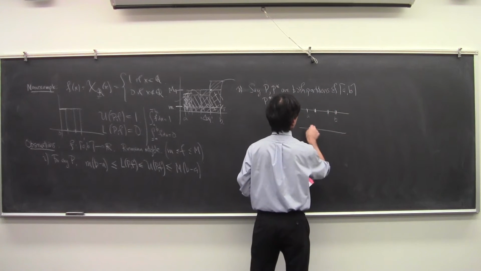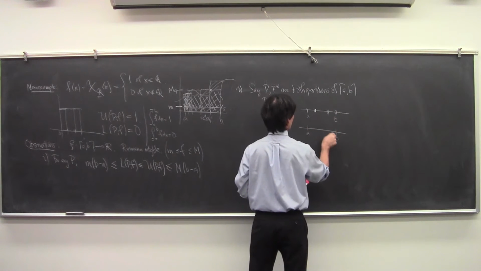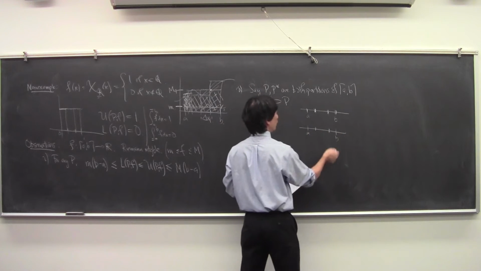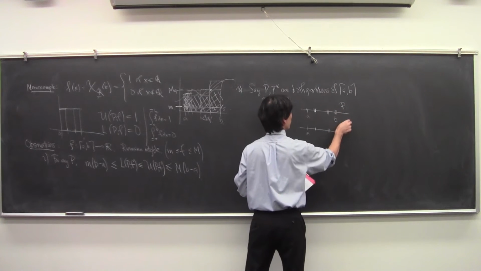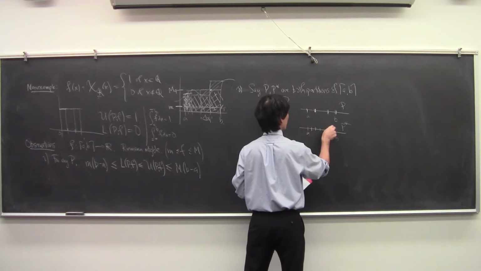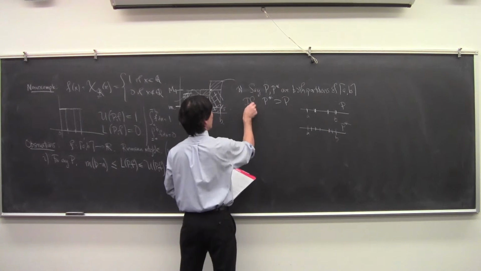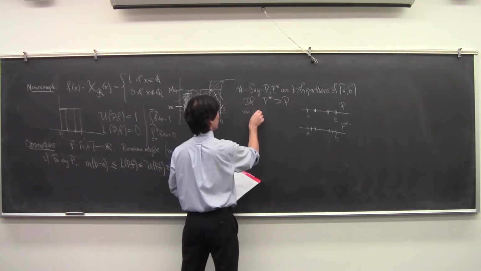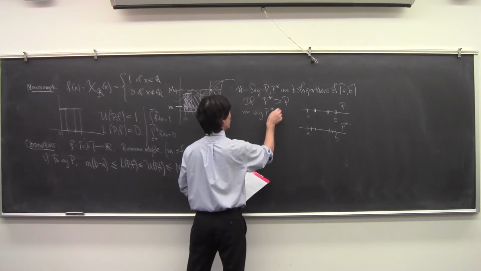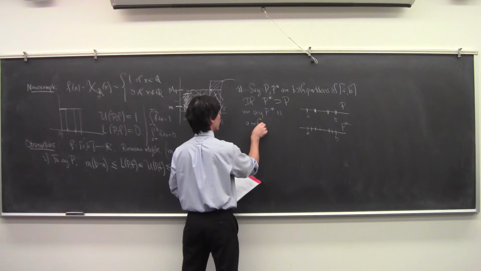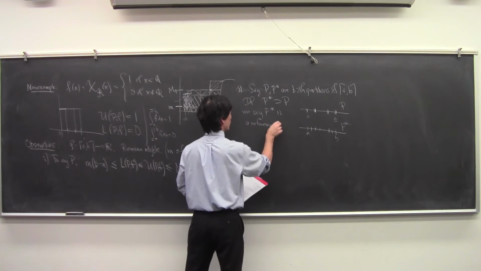And then you have another partition that contains all the points of P, but also some other ones. If that happens, we say that P star is a refinement of P.